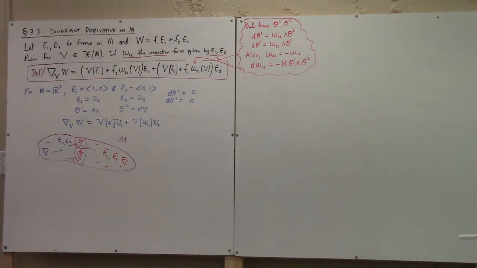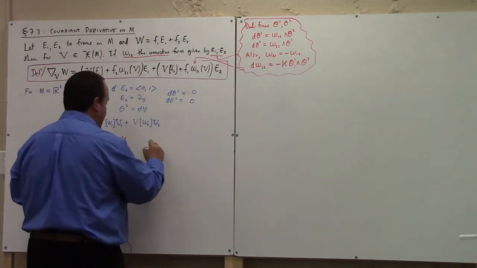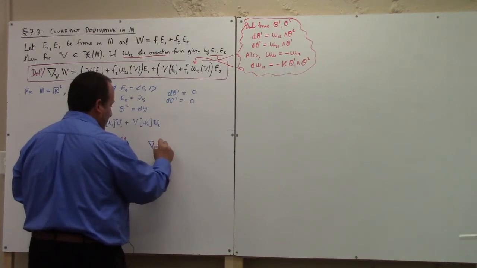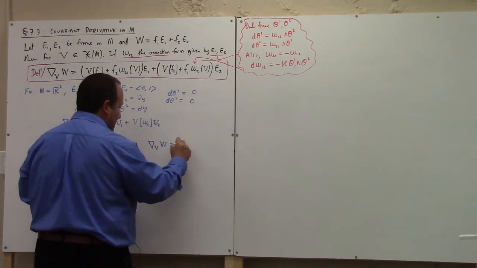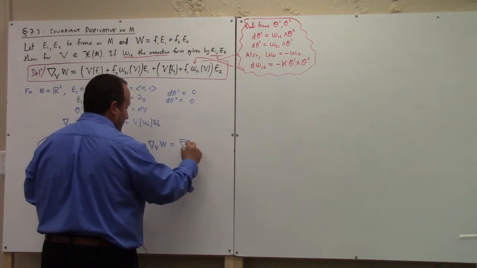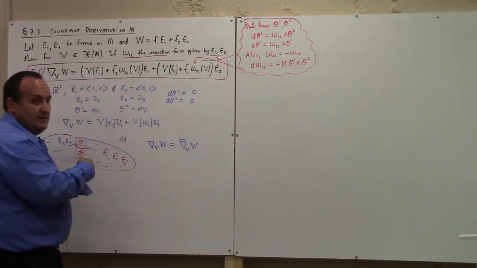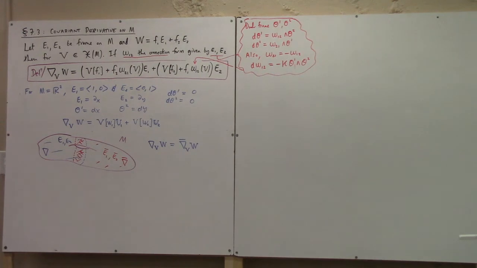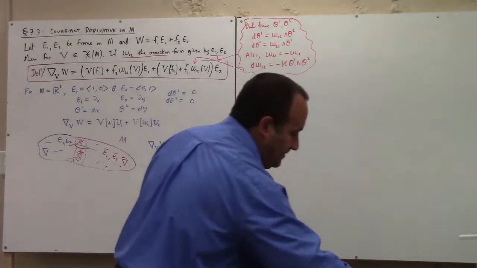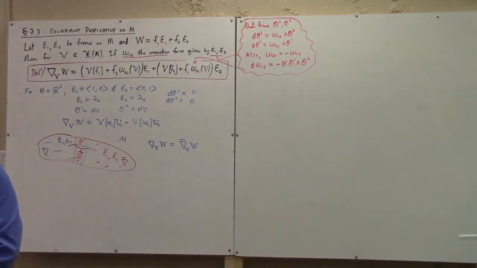And if this is going to be a good definition, then what should we have? We should have that the covariant derivative of V with respect to W using the unbarred technology is the same as the covariant derivative of V with respect to W using the barred frame at the points where they agree. And this is shown in O'Neill. It's not simple, but it's a somewhat lengthy calculation that's straightforward enough.